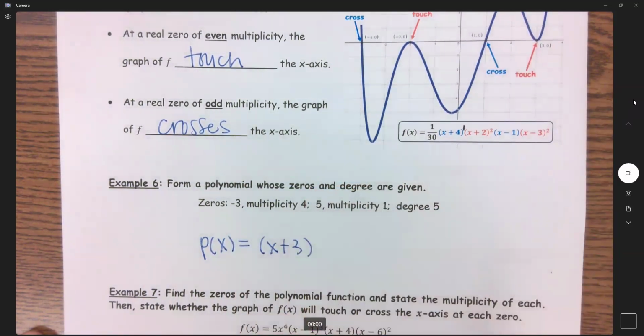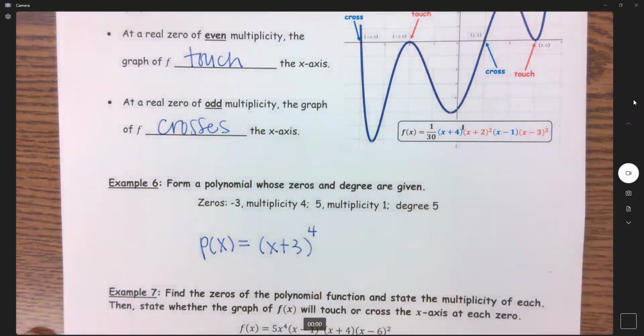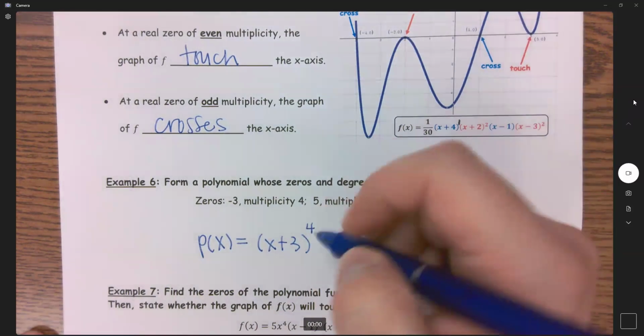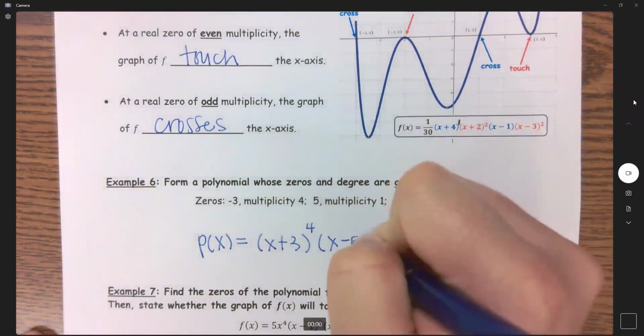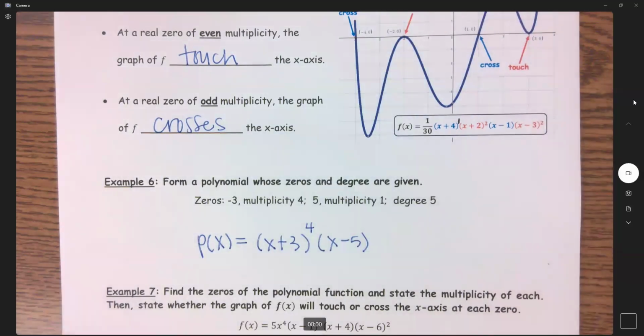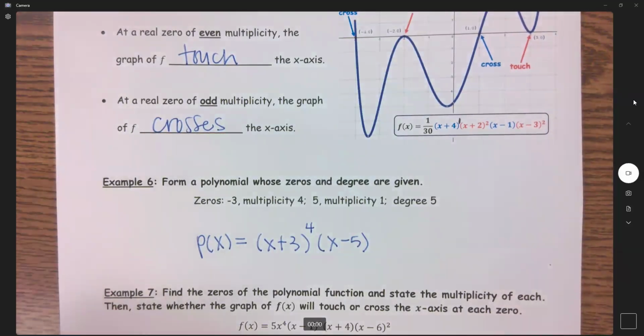And it tells me I have a multiplicity of 4, so that means that's my exponent. Now I have a 0 at 5, so in factored form, that is x minus 5. And I have a multiplicity of 1, so we can put a 1 exponent if we want, but not necessary.